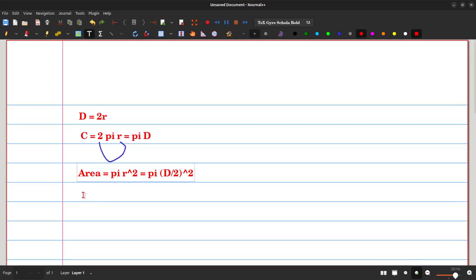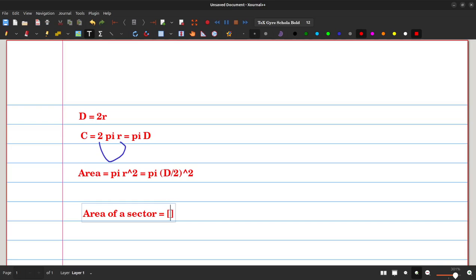And then another one is the sector. To calculate the area of a sector, it's going to be a part of the whole area of a circle.